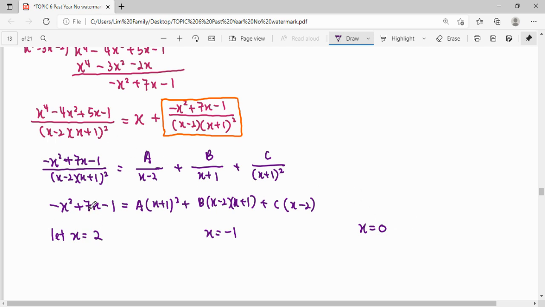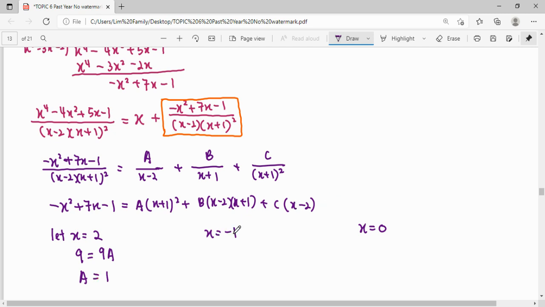Then we start substitute the numbers. Here we become negative 4, then negative 5, then plus 14, it become 9. Then 2 we put here, 3 square, 9a. 2 we put here 0, 2 we put here 0, so we get a equals to 1.